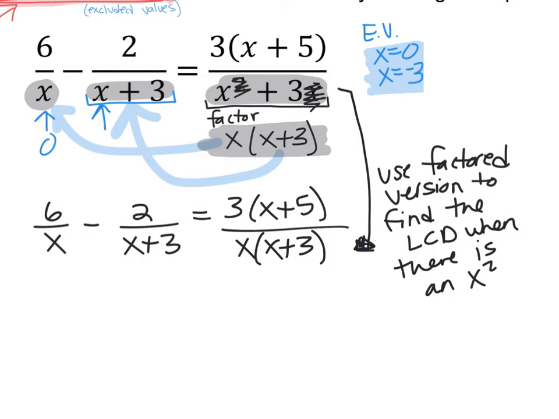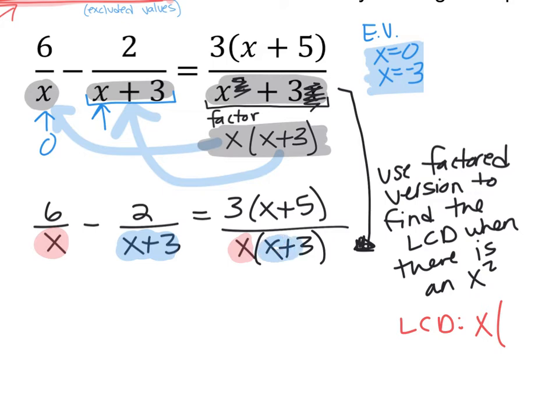And then when we identify our least common denominator, we want to make sure that we include everything. So for example, we have a singular x here, and we have this singular x here. So x is going to be a part of our least common denominator. And then the other piece we have is the binomial x plus 3.